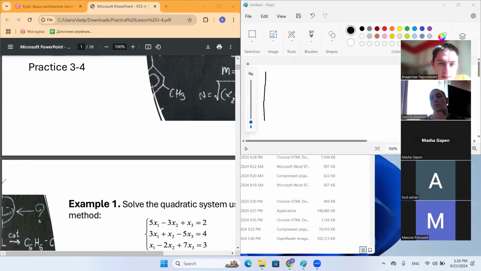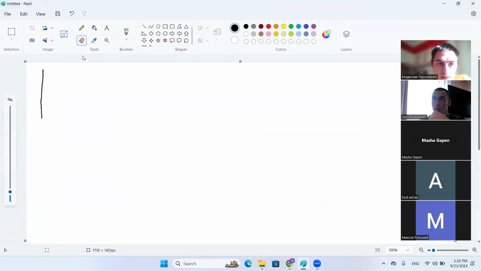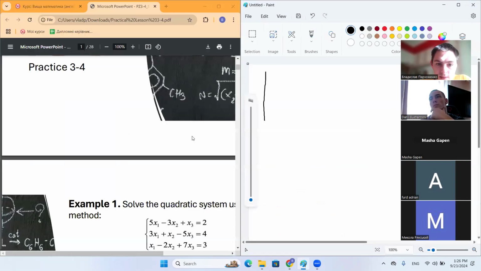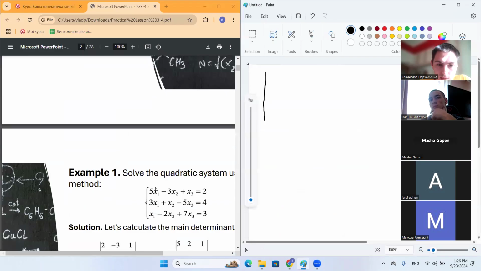So firstly, let's calculate the determinant of the whole matrix. So 5, 3, 1. By the way, do you see well or should I zoom in?